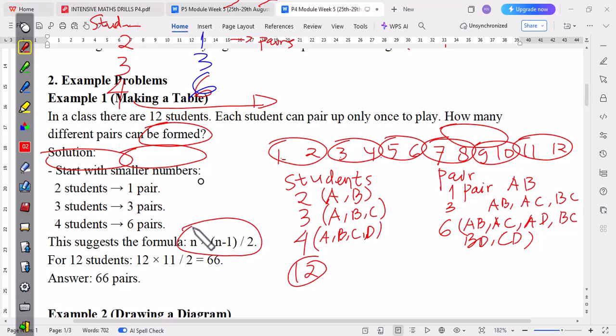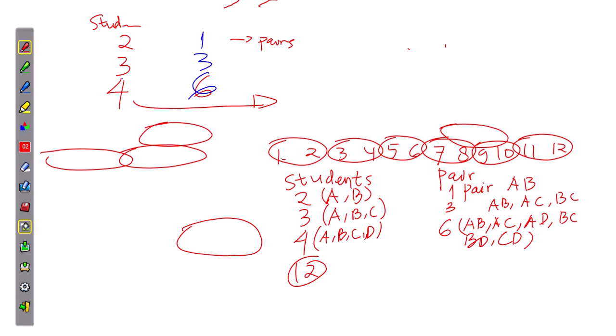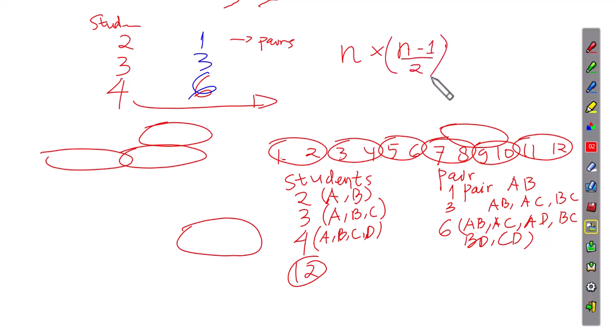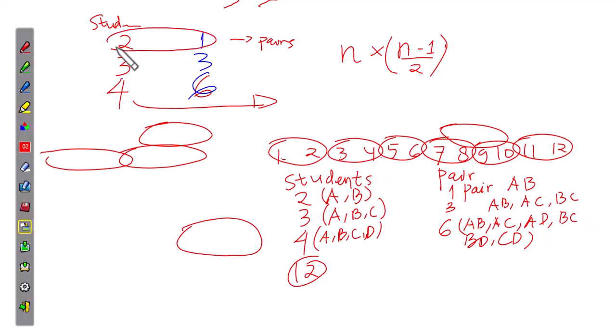Okay, how do we get this one? Because we can see from the first statement that if there are two students, there will be one pair. So you just try to find the connection between 2 and 1, 3 and 3, 4 and 6.